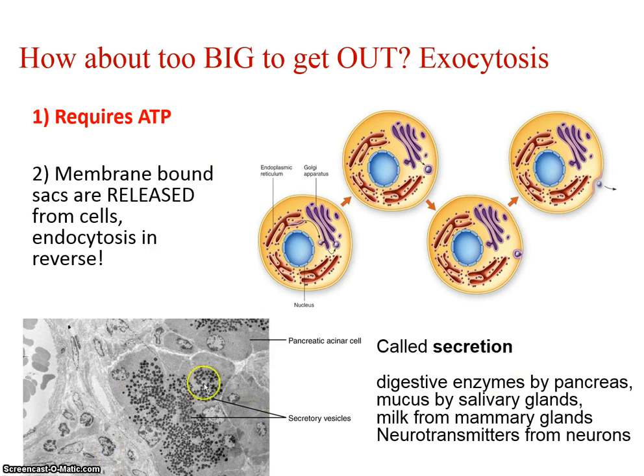And this, of course, is showing a number of these little vesicles full of some sort of secretion. This is the pancreas, so these are probably enzymes. So digestive enzymes by the pancreas, mucus by salivary glands, breast milk from mammary glands. Neurotransmitters are also exocytosed in the process of stimulating neurons, one neuron over the other.